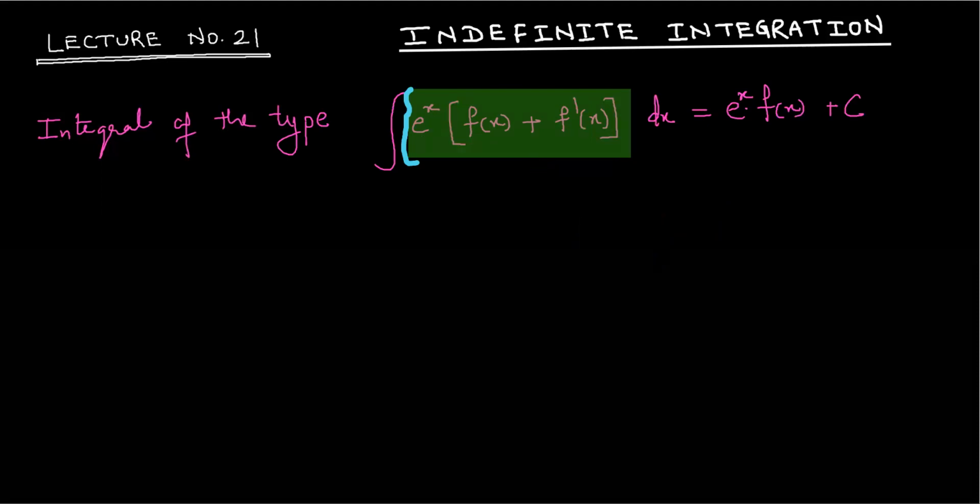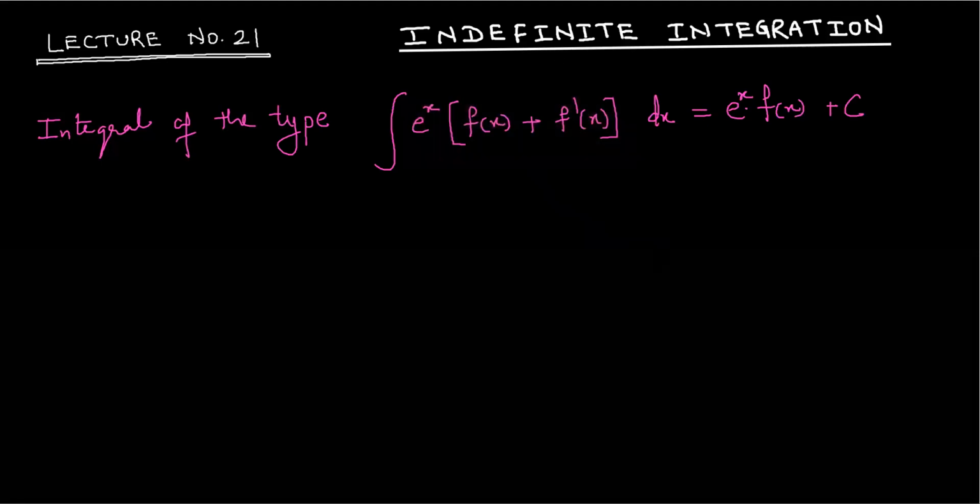And when you have any such integrand, then what is the integral? The integral is e raised to x into f of x plus c. So what was the integrand here, students? The integrand was e raised to x multiplied by two functions, and you notice that f dash x is the derivative of f of x.